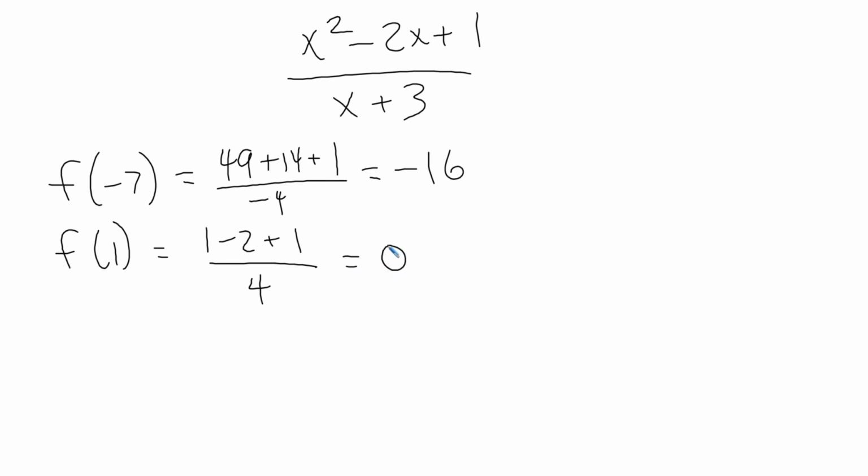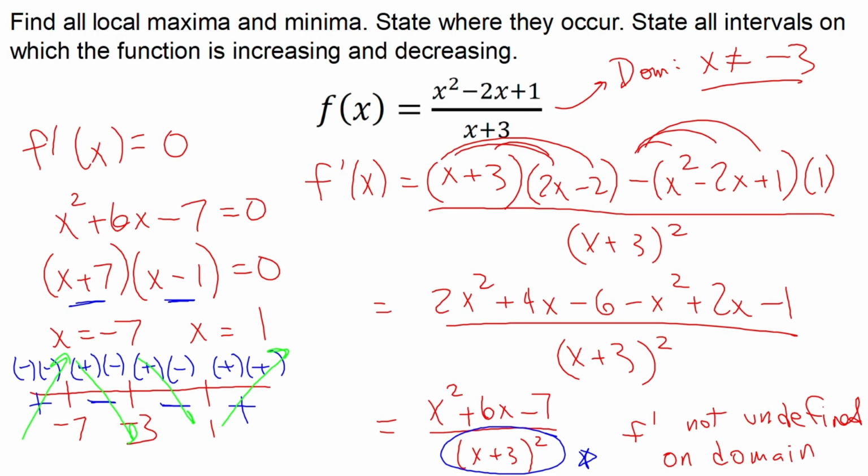And so from our sign chart, we should be able to see that we have a local max of that negative 16 value, which seems a little weird, but that is what's happening at negative 7. That's a local max.